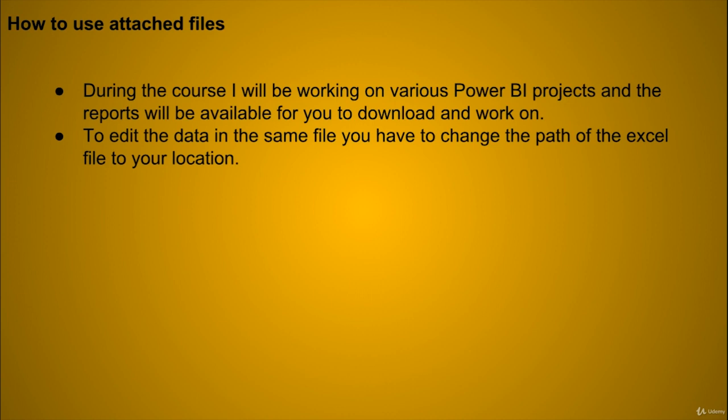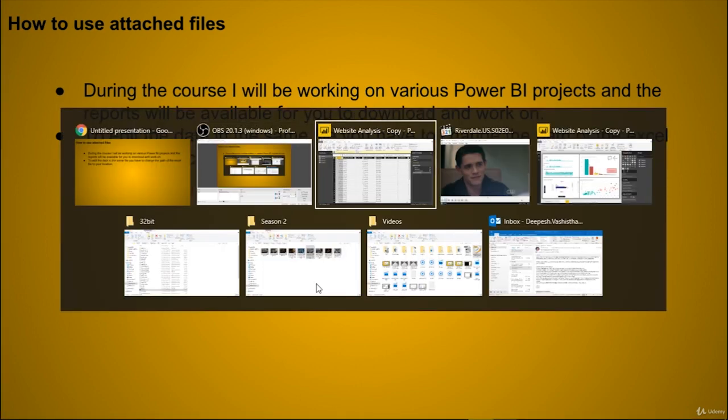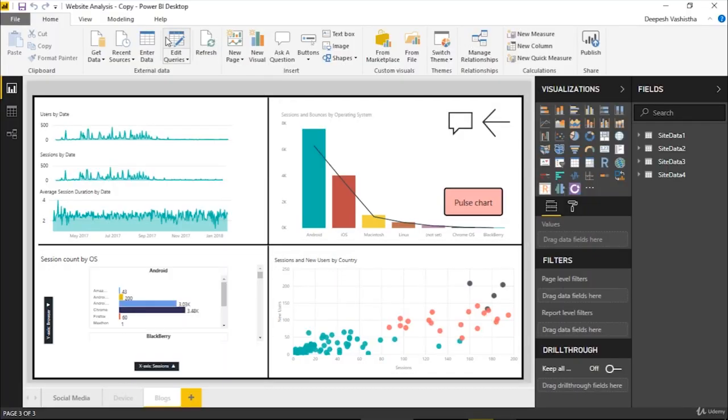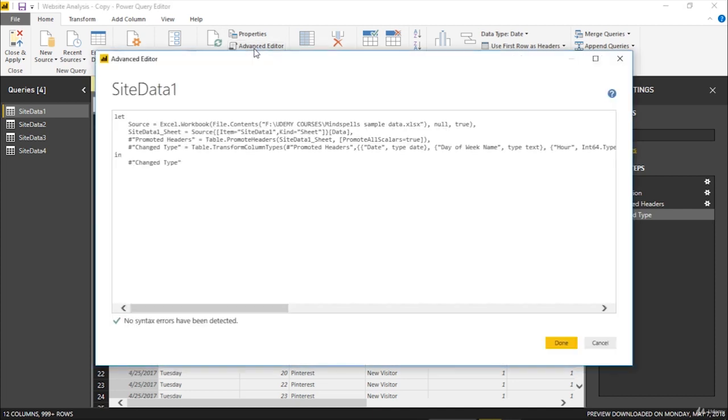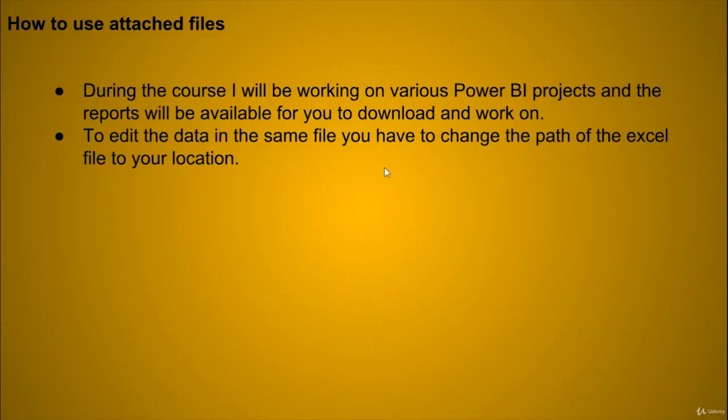I will be giving you both the Excel file and the Power BI file, but you have to change the path in the Power BI file itself so that you can work on it. To do that, go to Edit Queries and then click on the Advanced Editor. Once you are there, you can see the path, and all you have to do is simply replace this URL with the path of your location of the Excel file.